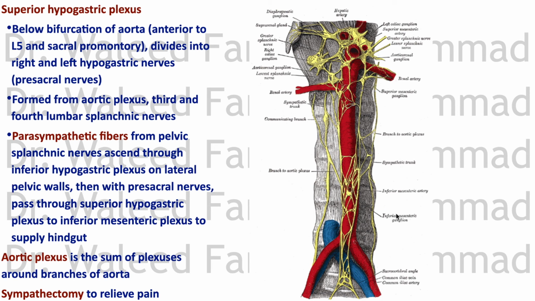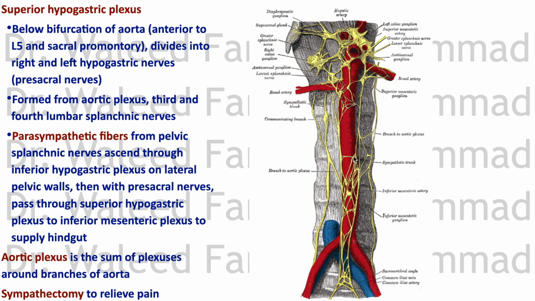Now, as all of you have noted, the aortic plexus is the sum of all these plexuses, like the renal plexus, the front plexuses like the celiac, superior mesenteric and inferior mesenteric, like the gonadal plexus at the sides. So the aortic plexus, by which we mean all these plexuses together, because they are all interconnected nerve fibers.